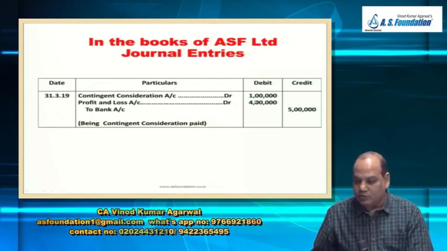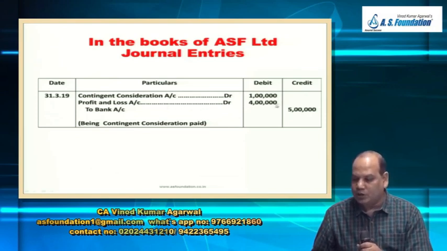How much amount we had initially recognized? 1 lakh. But we have to pay 5 lakh as we had committed to pay additional consideration of 5 lakh if some targets were achieved. So the difference between 5 lakh and 1 lakh, 4 lakh is my loss. Now this will be transferred to P&L account.